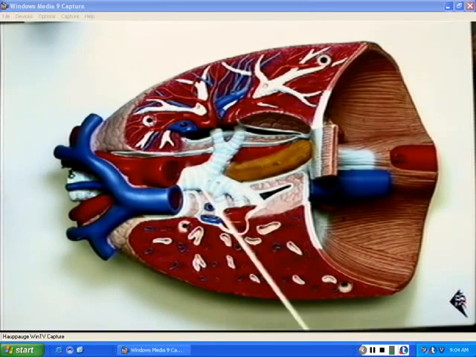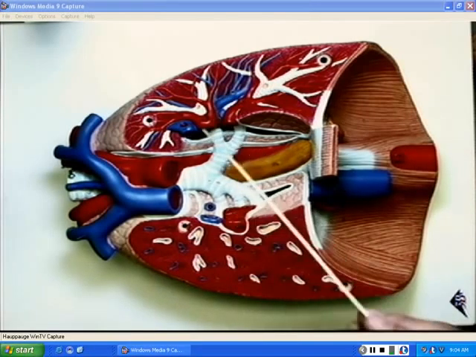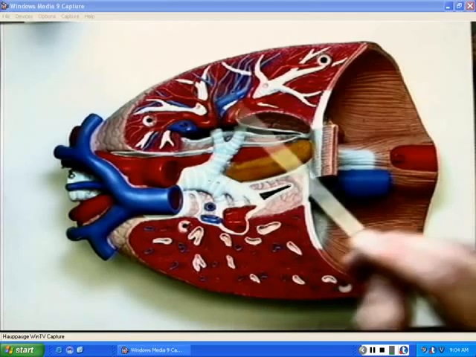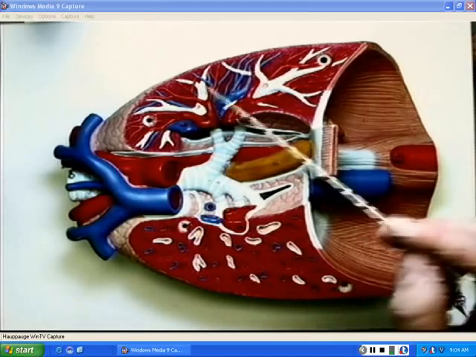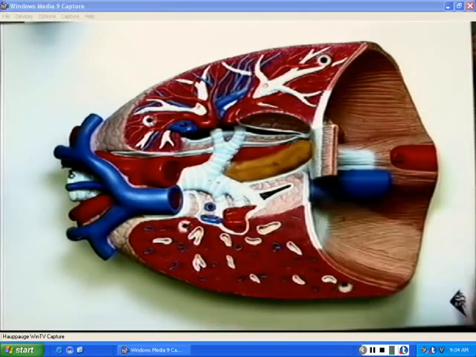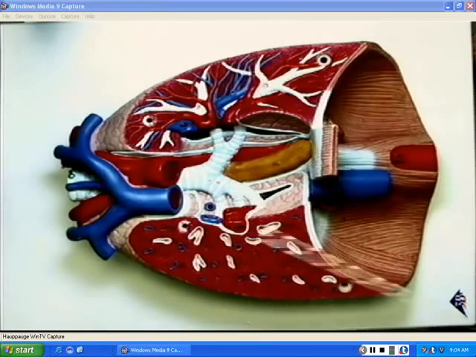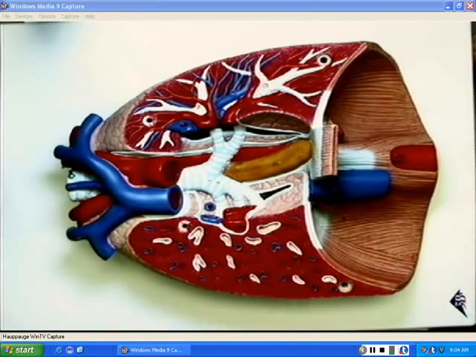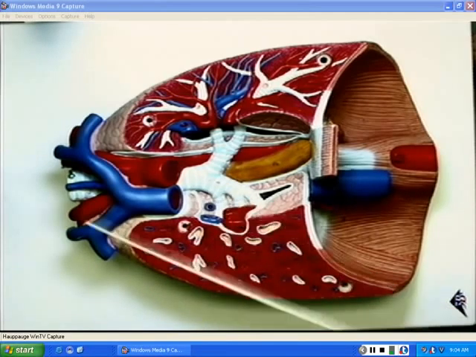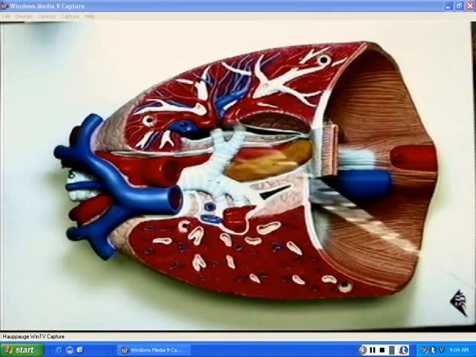You will note these structures coming into the lung as they go in, anastomose and branch out into the lung surface to collect through the alveoli in the lung itself. And this model will generally depict that fairly well, noting the trachea and these structures, the hilus of the lung.